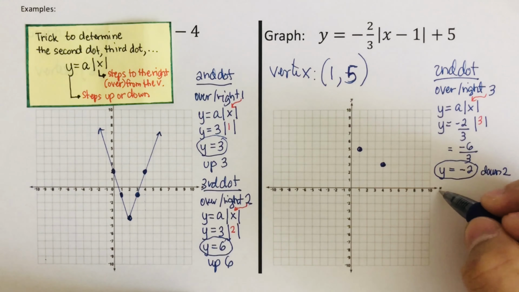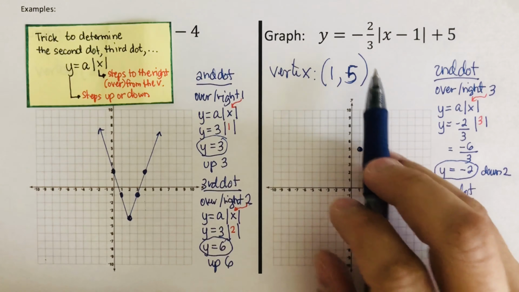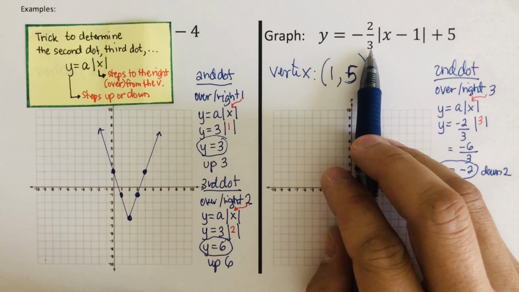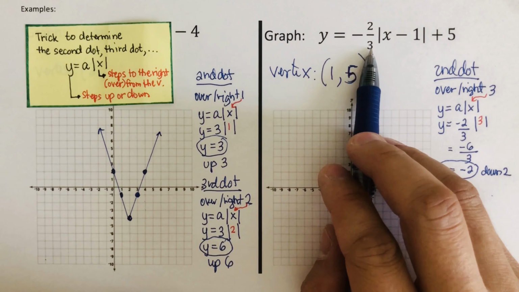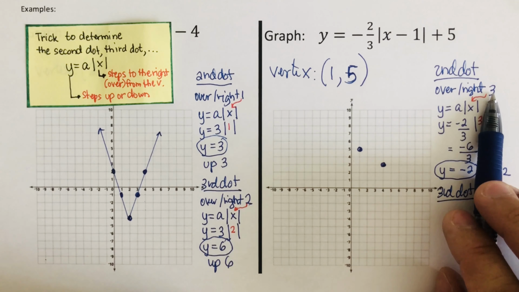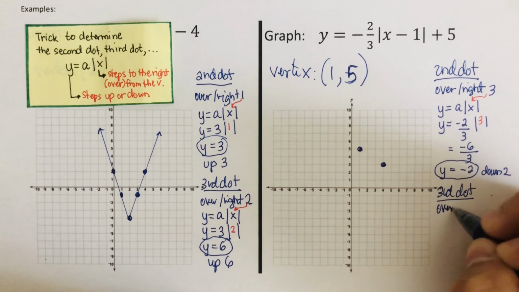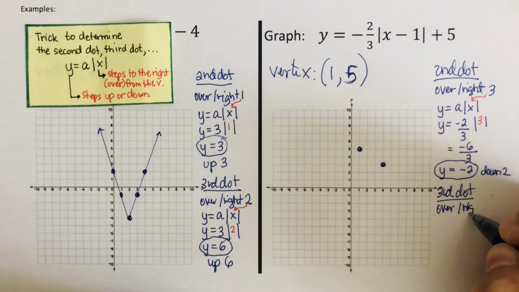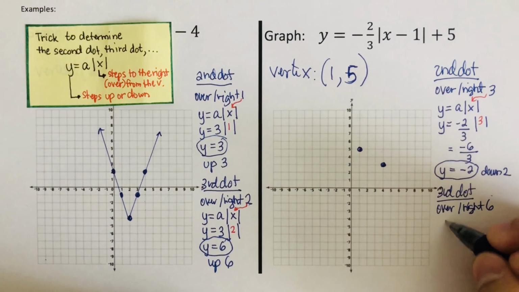To get the third dot, we do exactly the same thing. But again, if the a comes as a fraction, you have to look for the over and right to be a number that's divisible by the denominator. So the next number divisible by the denominator: 4 is not, 5 is not, but 6 is. So we say over 6 or right 6. So then we use the equation again. So that is y equals a absolute value of x. So then we put in the 6.